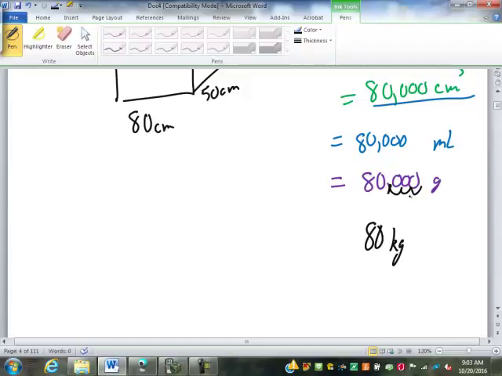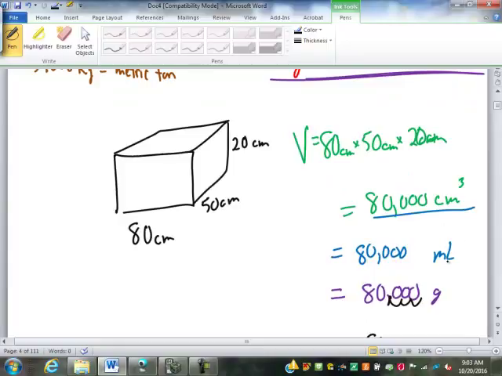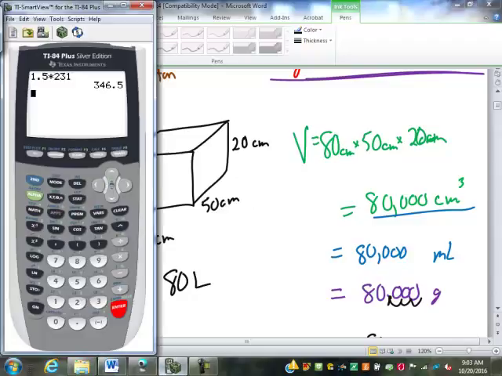80 kilograms would be like 22, 23 gallons. Or no, sorry, 80 kilograms, 80,000 milliliters would be 80 liters, right? 80 liters, yeah, that's approximately 22. Let me do it exactly for you.